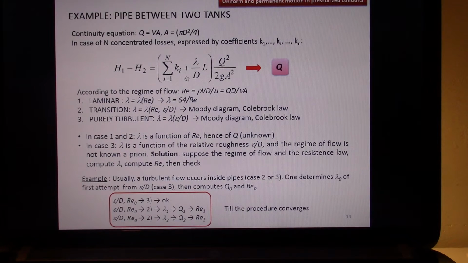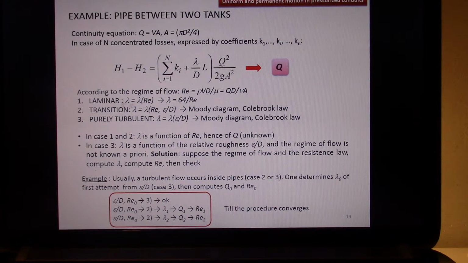So basically, if I am in case 1 and case 2, I have to take into account that the Reynolds number depends on Q, so it's something that is unknown.